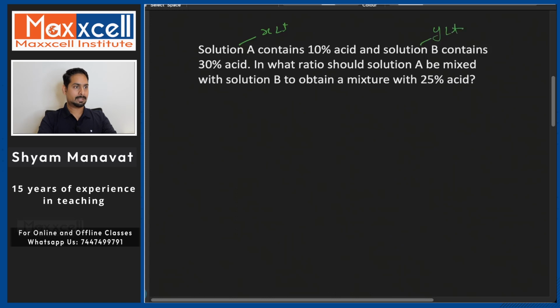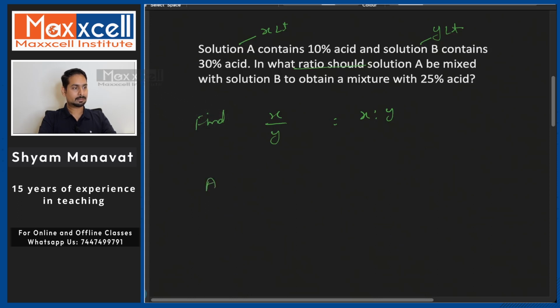As per the question, we need to find the ratio, that means we need to find X by Y, X is to Y. Now solution A is X liters and has 10% acid, so the acid in solution A is 10% of X. Same, the acid in solution B will be 30% of Y.